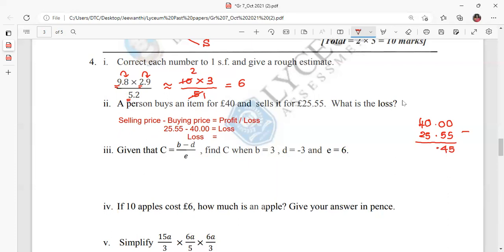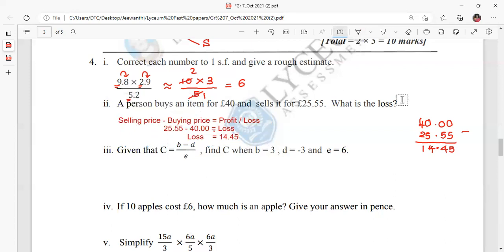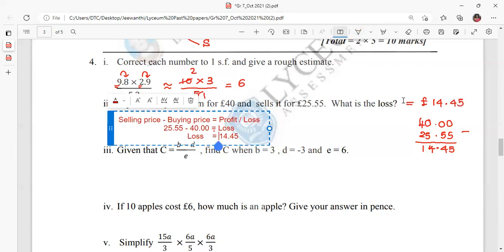Here it is 45, yeah, like this, 14.45. And you want to conclude the answer. The loss is 14.45 pounds, because this should be a negative value. Should be a negative value, right?